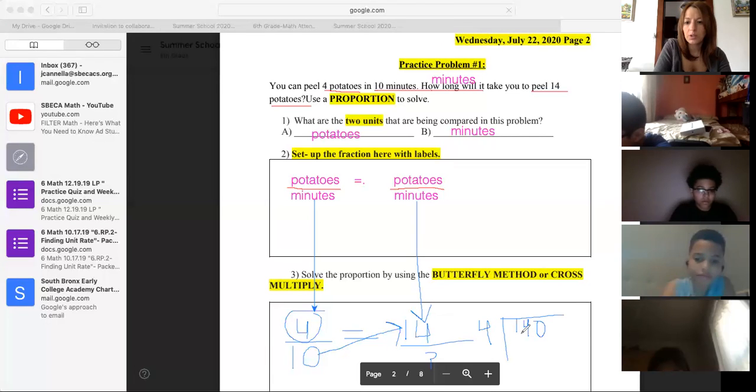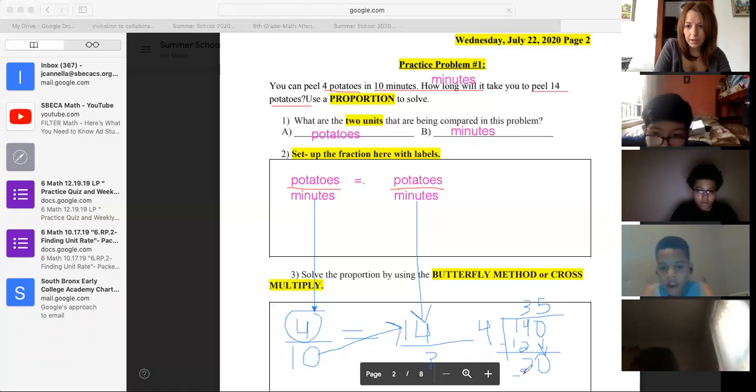Okay, 4 does not go into 1. It goes into 14 3 times. I'm going to put a 3 here. This gives me 12. This gives me 14 minus 12 gives me 2. Bring down my 0. 4 goes into 20 5 times, and that gives me 20.